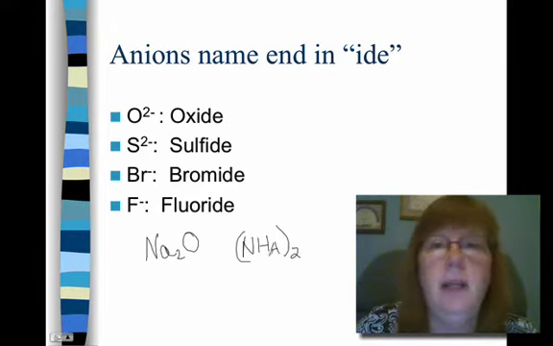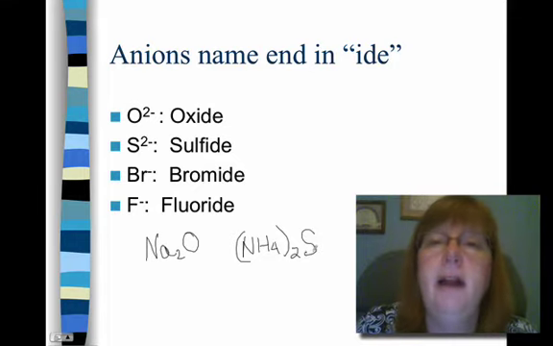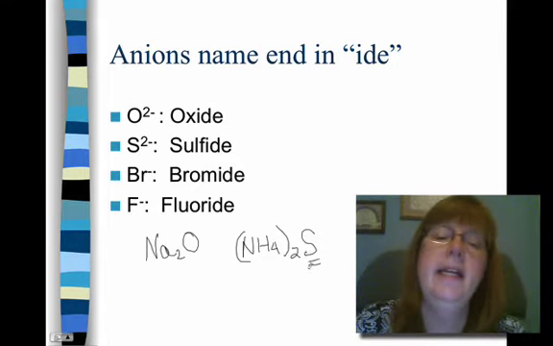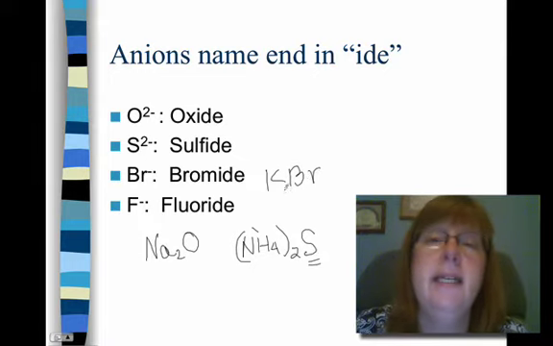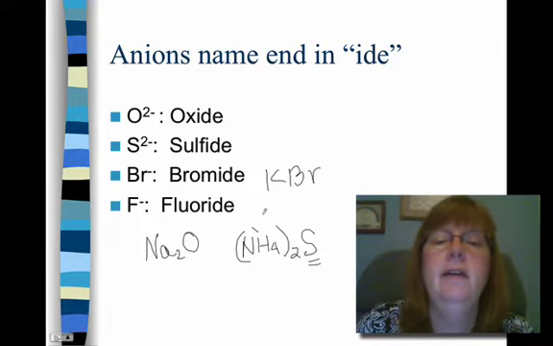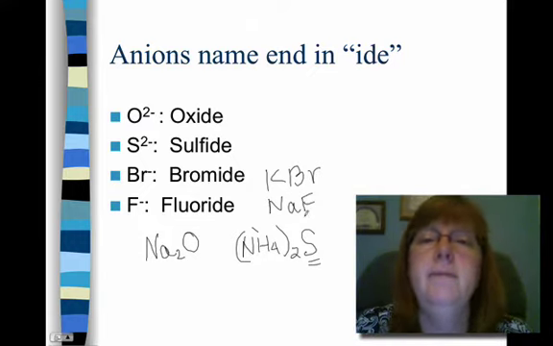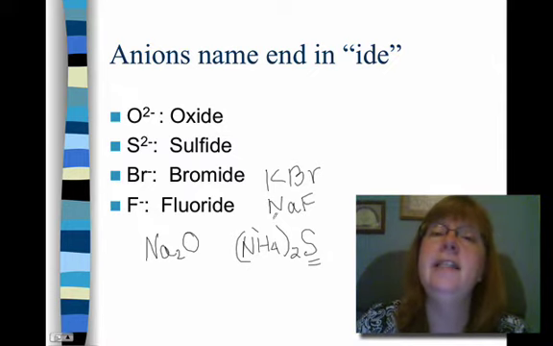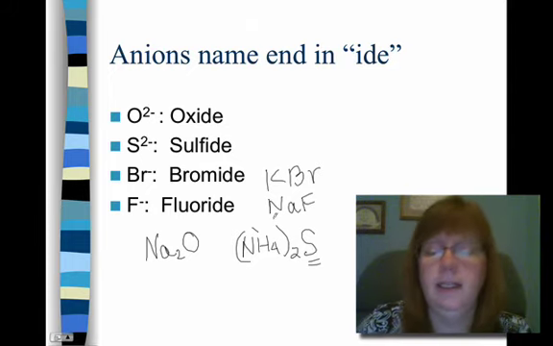We don't change a polyatomic ion or the cation, and it would be ammonium sulfide. So that ending ends in "ide." And this would be bromide, so KBr would be potassium bromide, and F- would be fluoride, so that would be sodium fluoride. Okay, so the anions' names end in "ide," but don't mess with polyatomic ions' names.